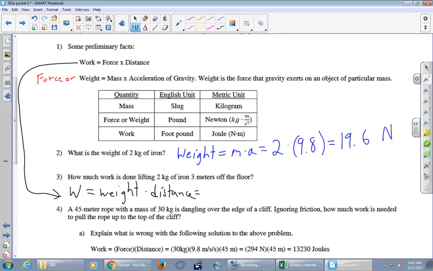What was the weight? 19.6. And we multiply that by the distance it has traveled. It is traveling 3 meters off the floor. So what do we get there? Thank you. Weight times distance, and work in metric is joules, newton meters. Okay. So that's how much work we do there.